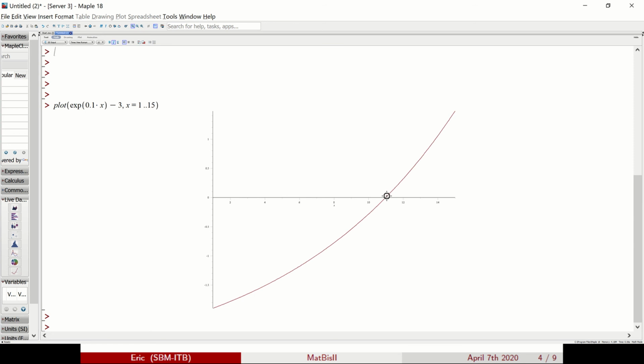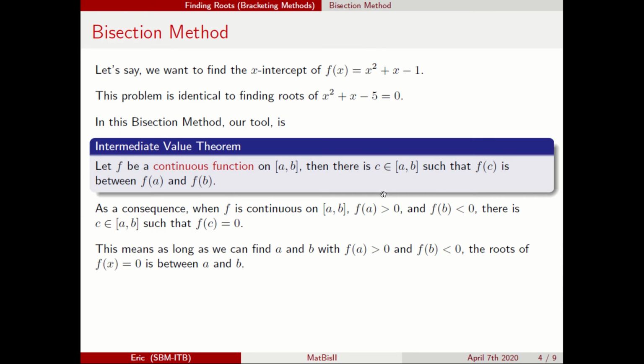What is height 0? It is the x-intercept. This means as long as we can find a and b such that f(a) is positive and f(b) is negative, the root is between a and b. The same if f(a) is negative and f(b) is positive, there will always be a root, as long as f is continuous.